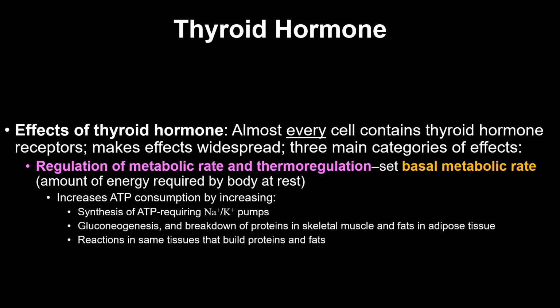And then finally, thyroid hormones can also initiate energy-requiring reactions in these same tissues that build proteins and fats. So thyroid hormones will increase the rate at which cells carry out both catabolic, breaking down, and anabolic, building up, reactions, essentially leading to no net change in the overall cell's composition.